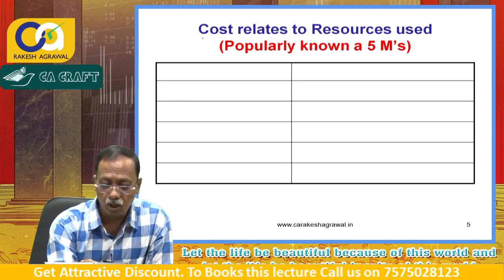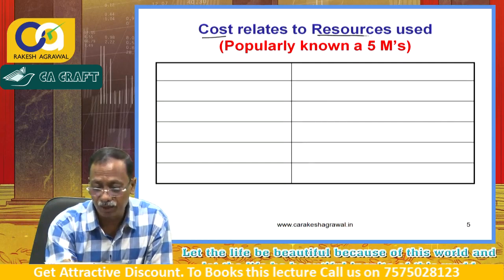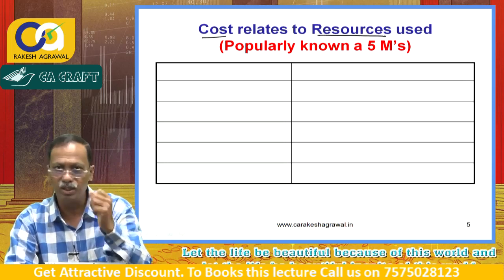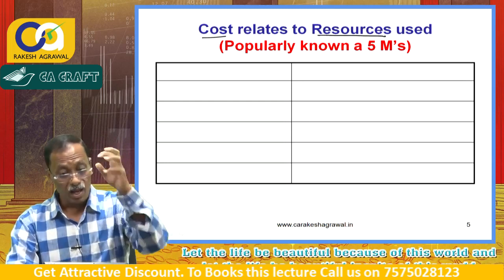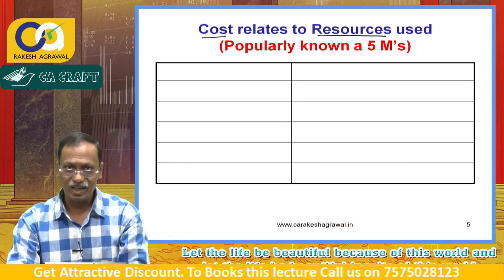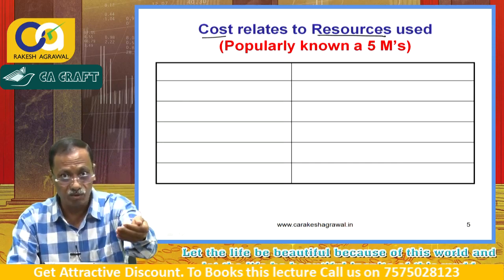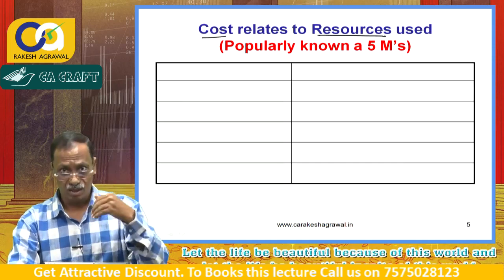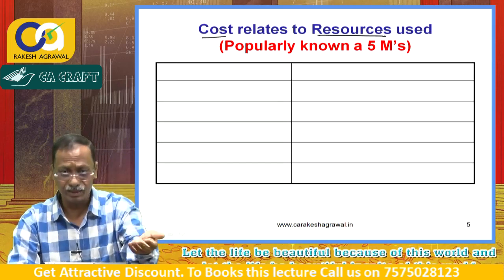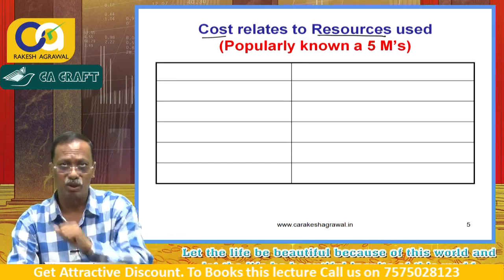So costs are always incurred for consuming resources. You use resources in carrying out your activity or in fulfilling your objective, and each resource has a cost. Like as you are doing CA and you want to calculate the cost of becoming CA, but in the process of doing CA you are using one of the resources as a vehicle. The vehicle which you are using to go from one place to another, let us say to attend the coaching classes or to attend the offices.